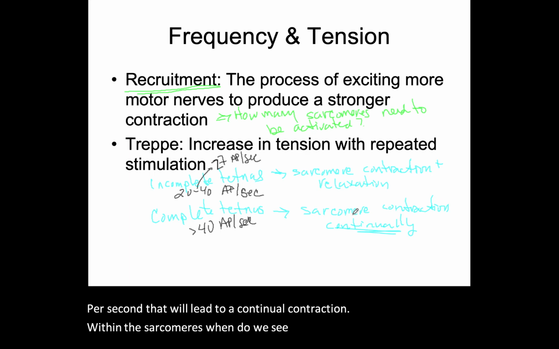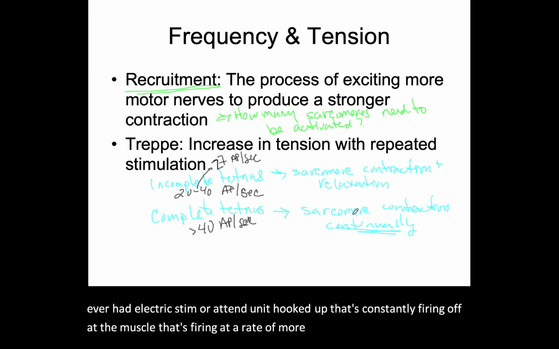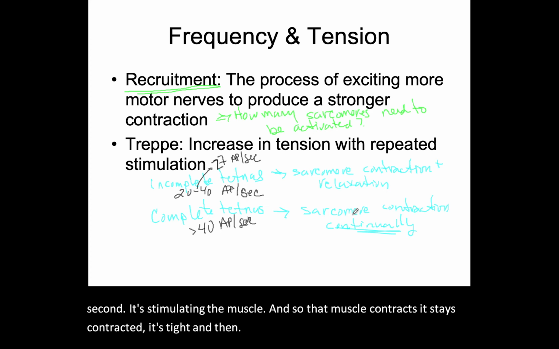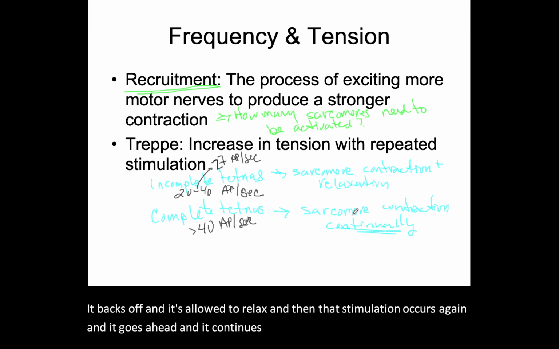We see that if you've ever had electric stim or a TENS unit hooked up, that's constantly firing off at the muscle, at a rate of more than 40 action potentials per second. It's stimulating the muscle, and so that muscle contracts, it stays contracted, it's tight, and then it backs off and it's allowed to relax. And then that stimulation occurs again, and it continues to contract.